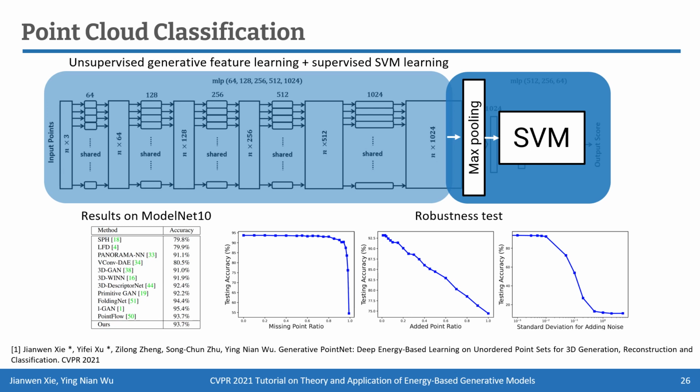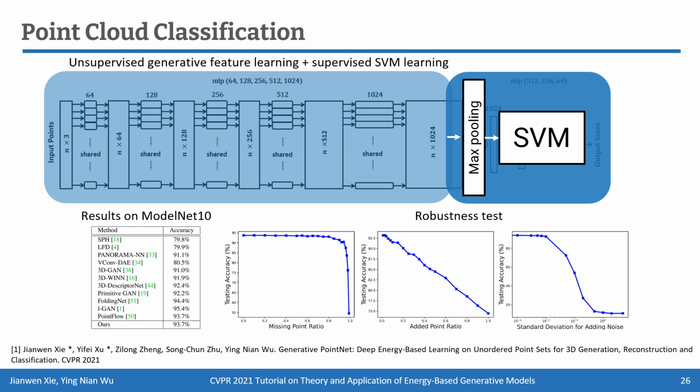The table shows the classification accuracy using the one versus all rule. The 3 curves show some robustness tests, considering 3 types of data corruptions. Type 1 is missing points, where we randomly delete points from each point cloud.